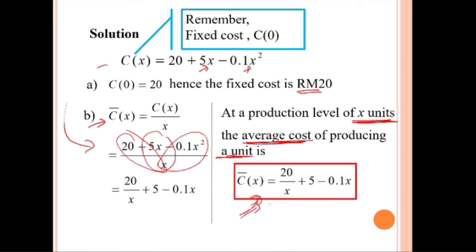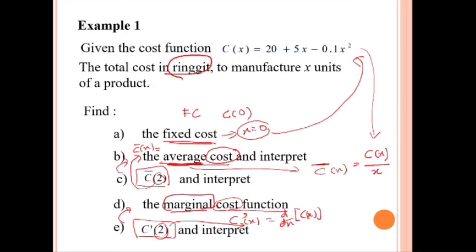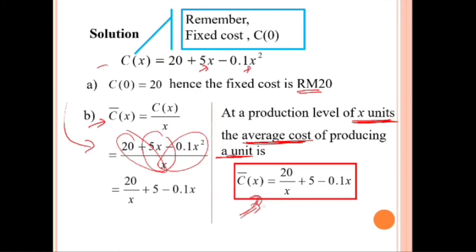So for example, if I want to find C bar 2, which refers to the average cost of producing 2 units, I just have to substitute x equal to 2 into the cost function that I have just found in B.